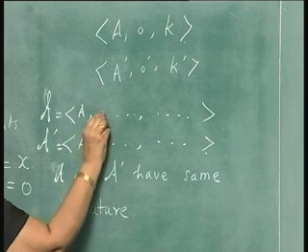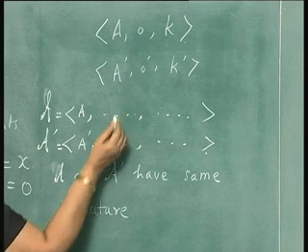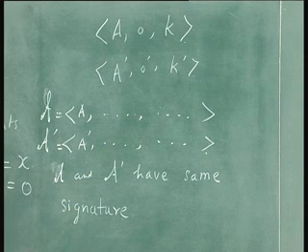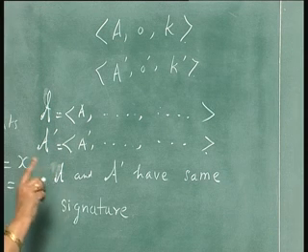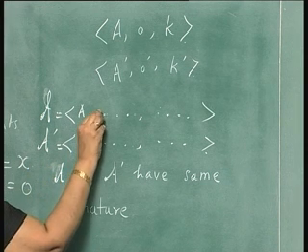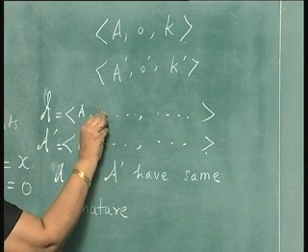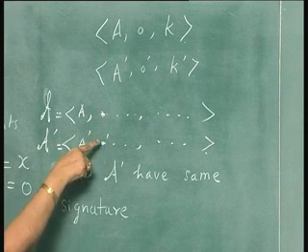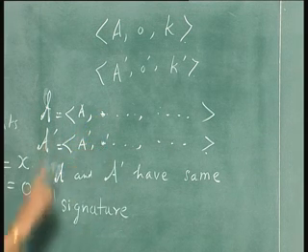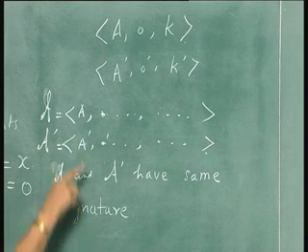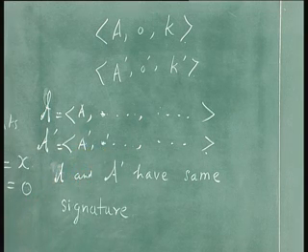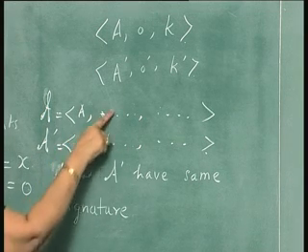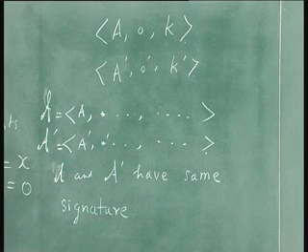Then if you have 7 operations here, you must also have 7 operations here. The number of operations should be the same and they should also have the corresponding arity. For example, the first operation here is say this, the first operation here is this. If this is a binary operation, this should also be a binary operation. Same number of operations you must have, and the arity of the operations should also match.